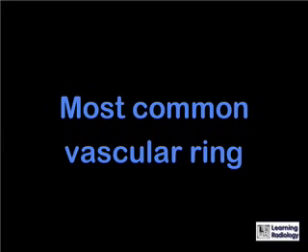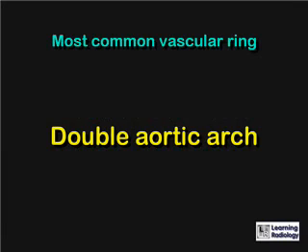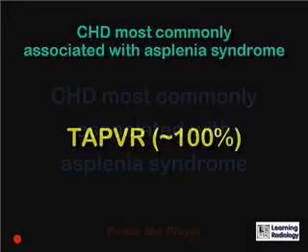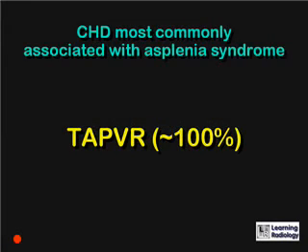What is the most common vascular ring? A double aortic arch. What is the congenital heart disease most commonly associated with asplenia syndrome? Total anomalous pulmonary venous return in almost 100%.